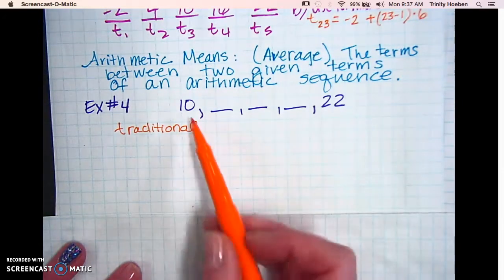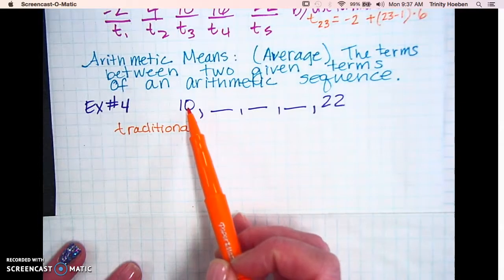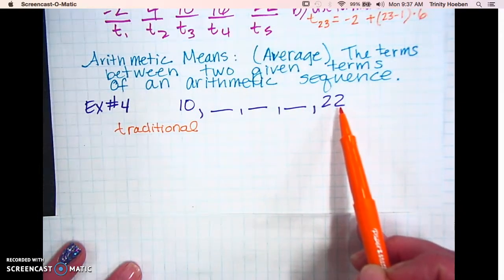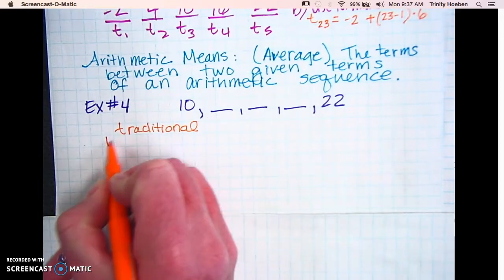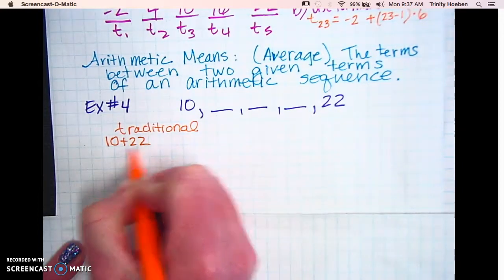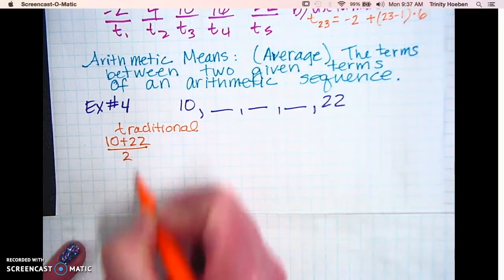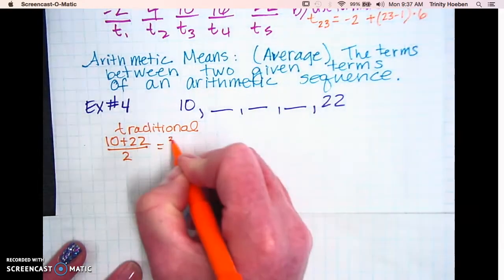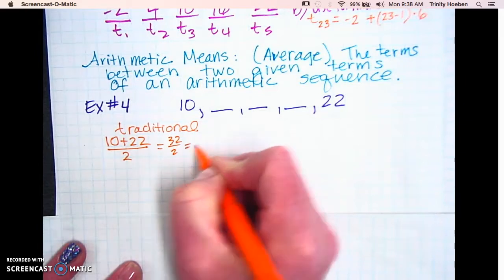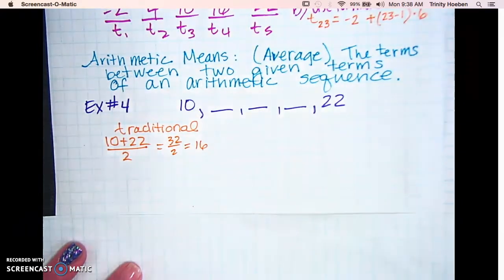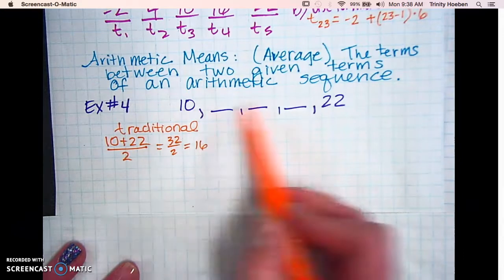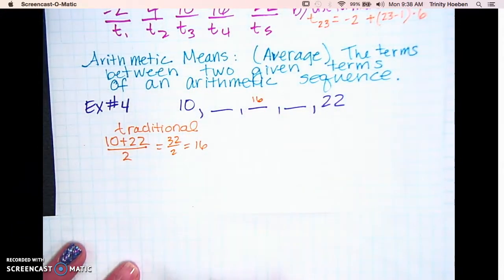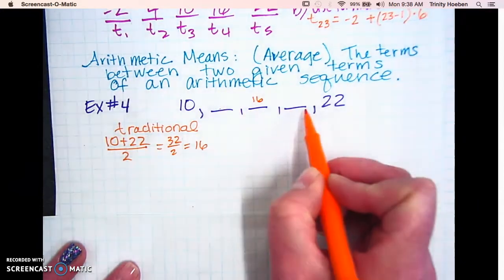So if you want to find the arithmetic means between 10 and 22, you're going to take 10 plus 22 and divide by 2. So 10 plus 22 is 32. Divide by 2, you should get 16. That means the number that's exactly halfway in the middle right here is going to be 16.